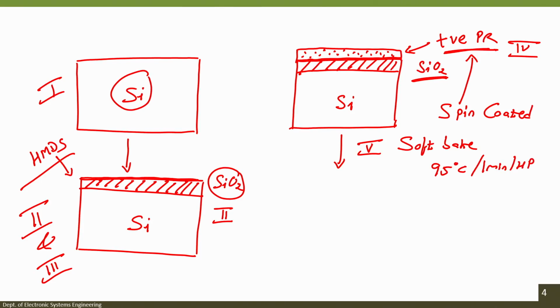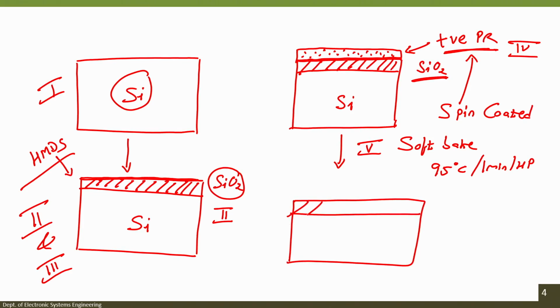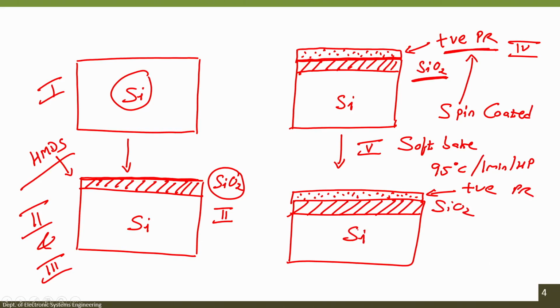So, after soft bake, the next step would be to load the mask on the oxidized silicon wafer where you have positive photoresist. And let us say my mask looks like this.